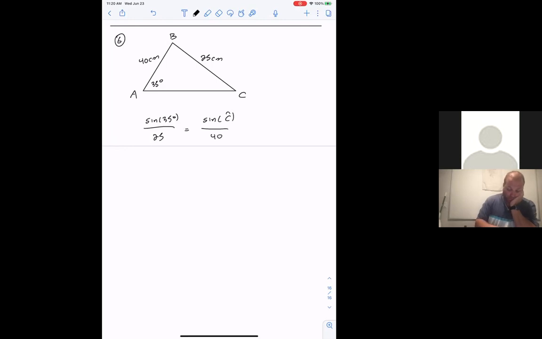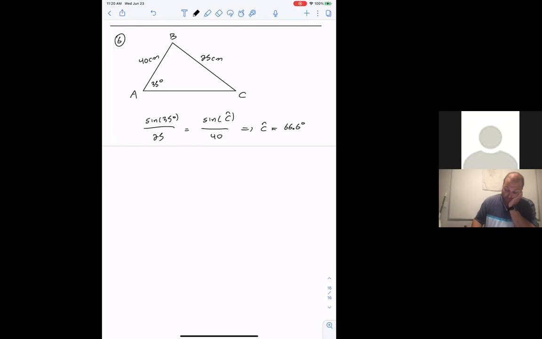Sine of 35 divided by 25 times 40, and then the inverse sine tells me that C hat is approximately 66.6 degrees, which is bigger than 35 degrees. So the side should be bigger than 25, and 40 it is.